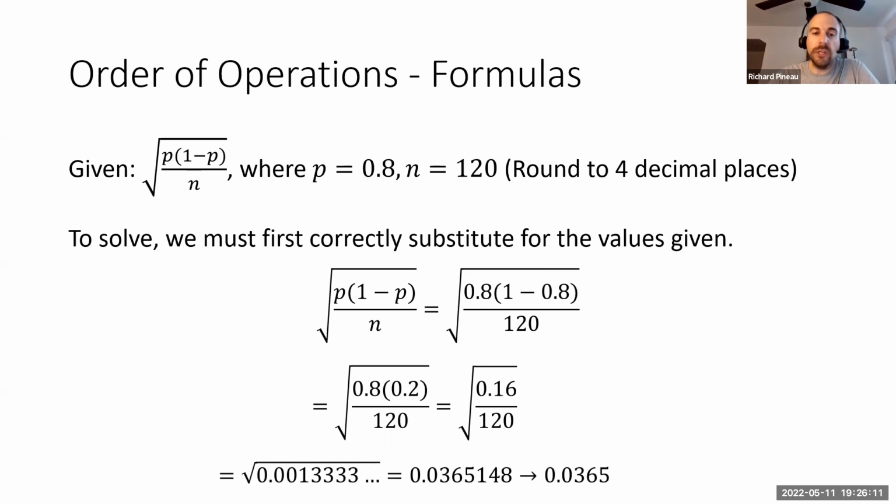That gives me 0.00133333... We take the square root of that, and we get 0.0365148. We round that to 4 decimal places. The 4th decimal place has a 5. We look to the right of that, which is a 1, so the 5 remains the same. Half the battle here is correctly plugging in the numbers, and the other part is running the computation.